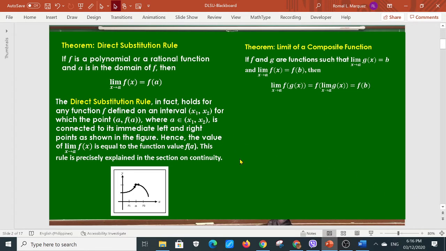Now, to recall, if a function has no problem at a certain point, meaning there is an immediate value to the left, immediate value to the right of that x equals a. So the function value is defined to the immediate left and immediate right. So informally, we can just apply substitution rule.